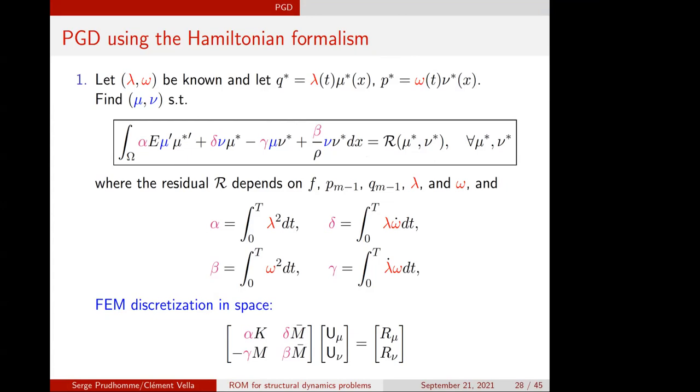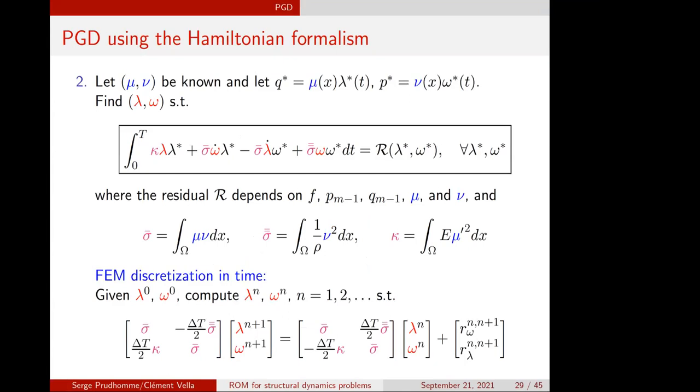So this is a 1D problem with all the coefficients that we are going to compute with respect to lambda and omega that we know. That gives us a system of two equations with the unknown u with respect to mu, and the unknown with respect to nu. Okay.